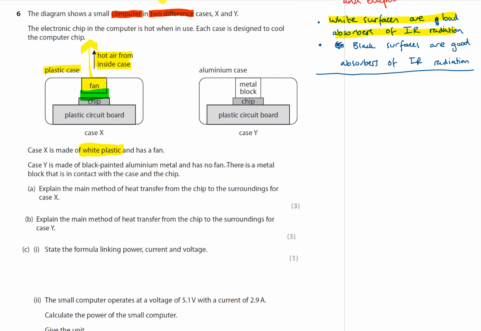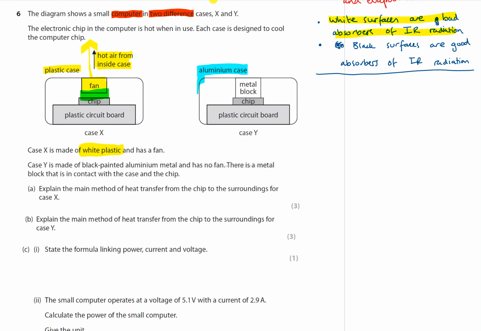convection. Now on the other hand, we have this aluminium case. We're going to assume it's a silver color, and we know it's made out of aluminium, which is metal.